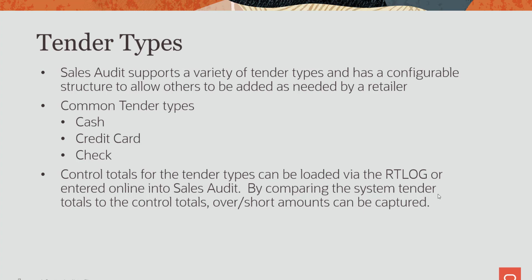Normally, each tender type, such as cash, credit card, check, or similar, is accounted for during the auditing process. Additionally, control totals for the tender types can be loaded via the RT log or entered online into Sales Audit. By comparing the system tender totals to the control totals, over short amounts can be captured.